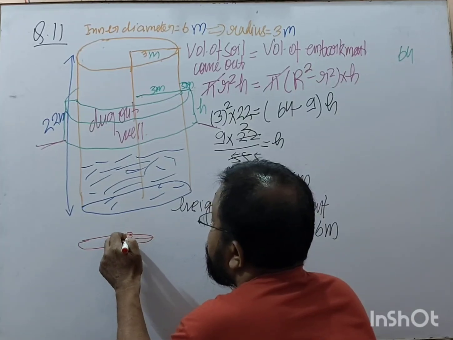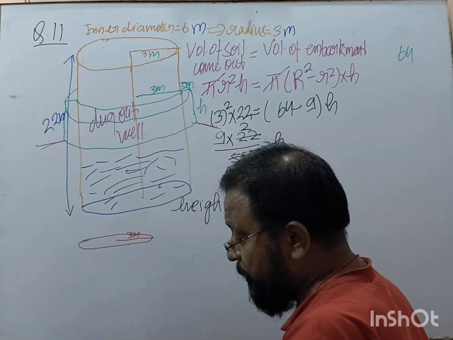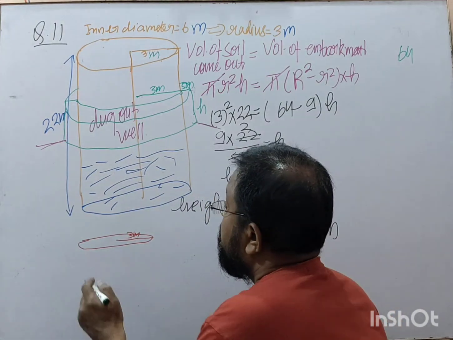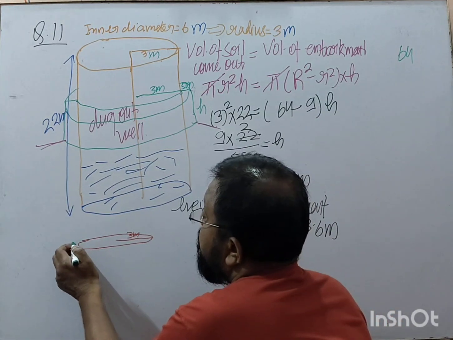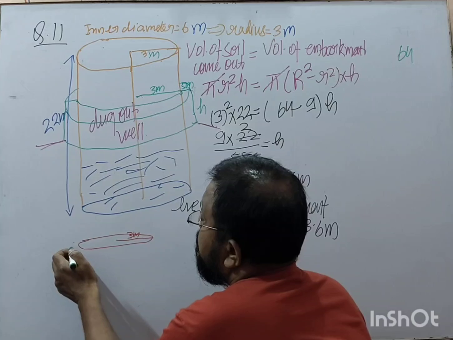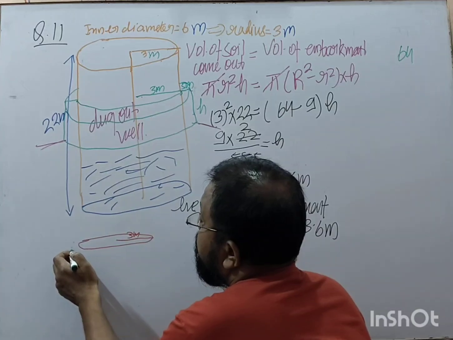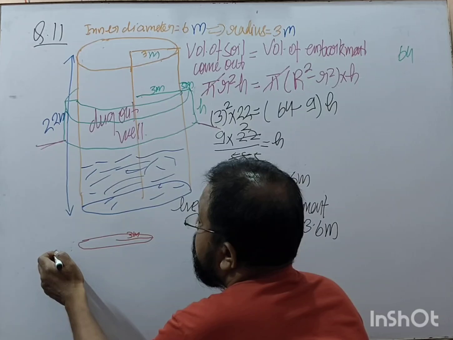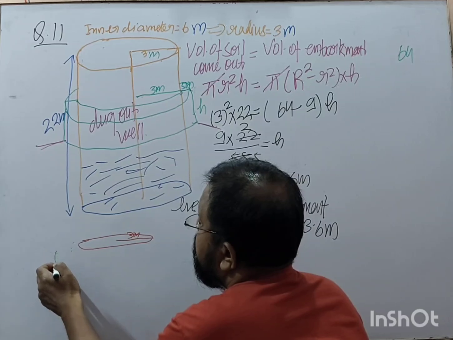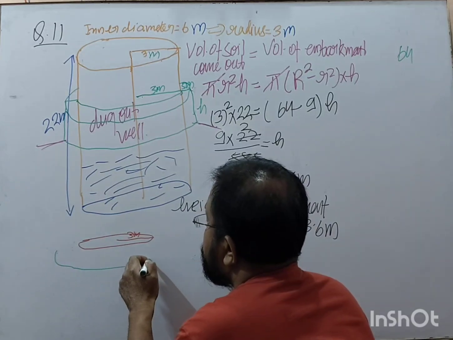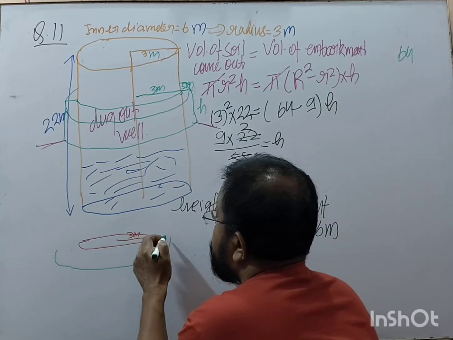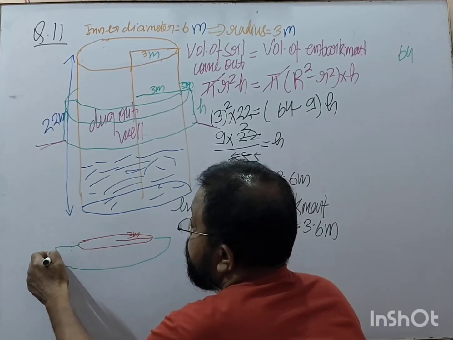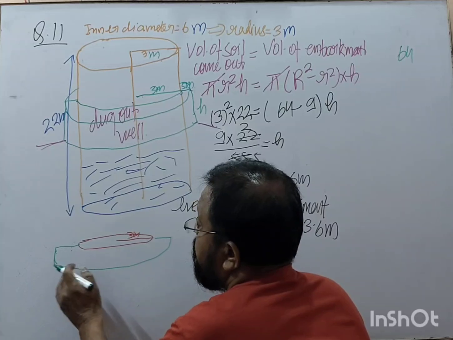It is of 3 meter, and you make an embankment all around it, the thickness of embankment is 5 meter.